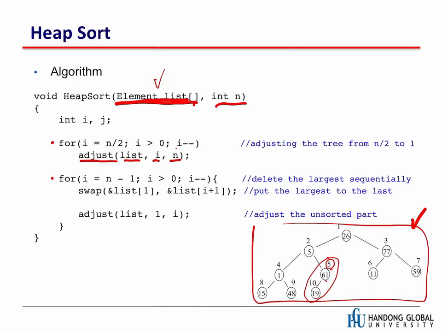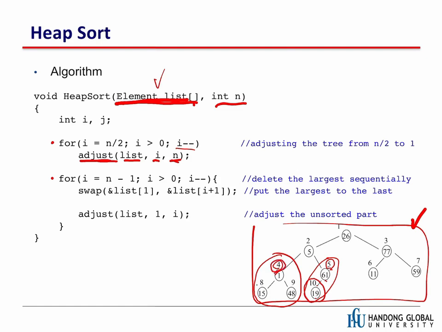Okay, good. Next, list is the same list and i decreases by 1, so i is 4. Then n is still 10. So we call this adjust function by focusing on this. I know n is 10, so this could be involved.